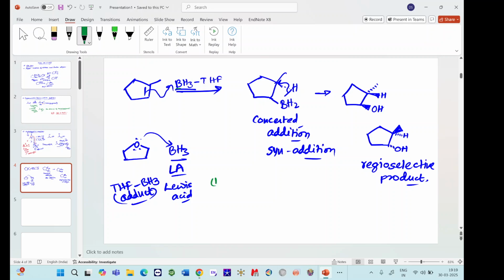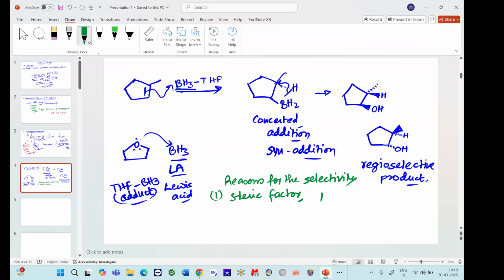So the reasons for the selectivity. First reason is steric factor. Okay, first reason is the steric factor.